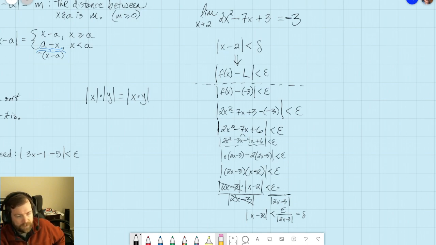Or if you want to, epsilon is going to be equal to delta times the absolute value of 2x minus 3. So, up to you.